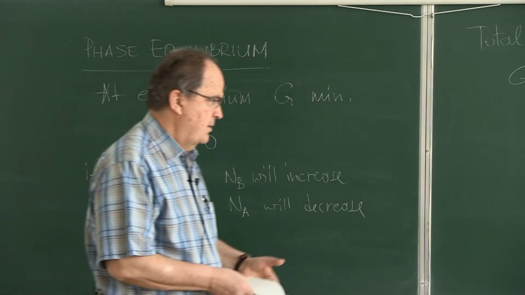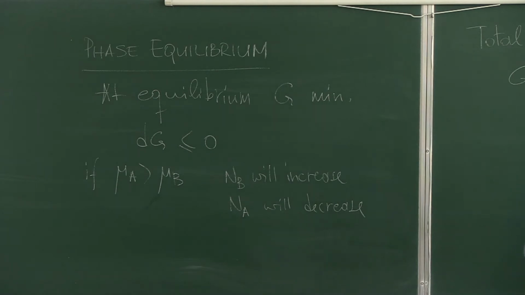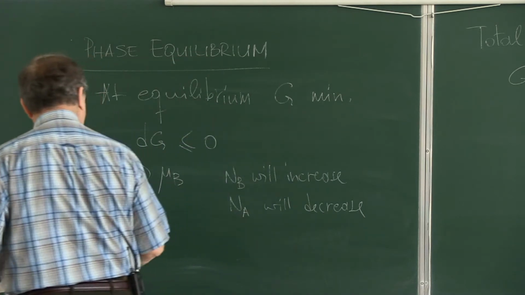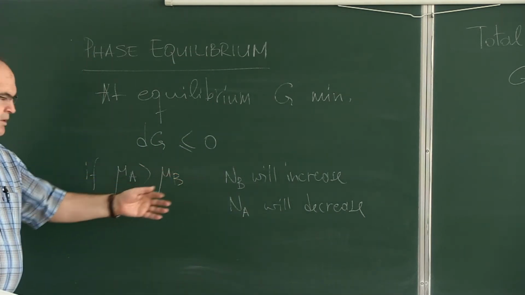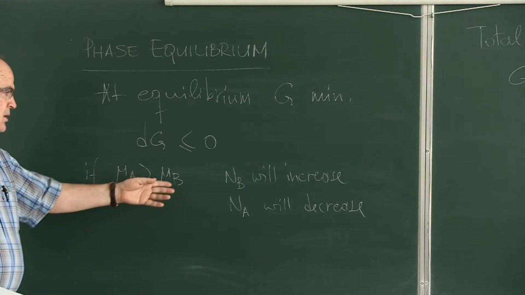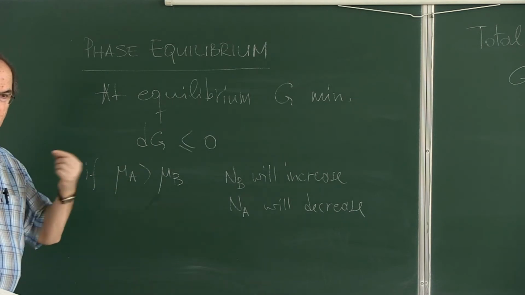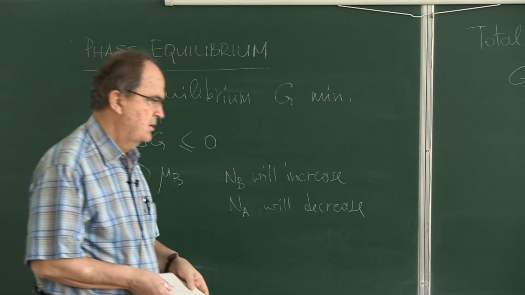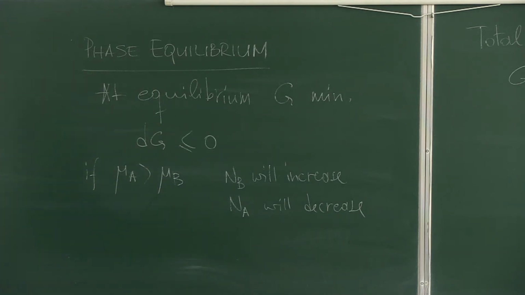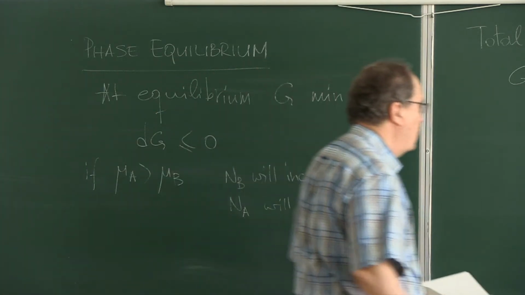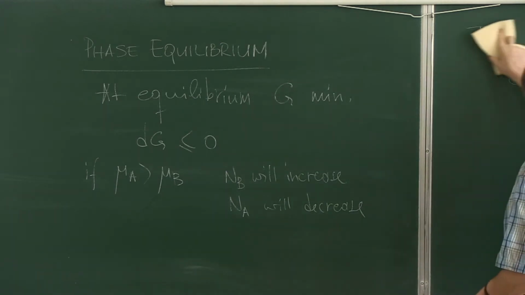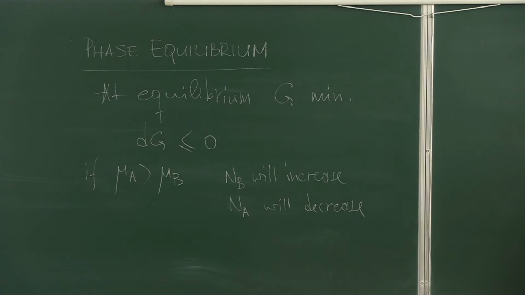Let's look at the opposite case. If mu B is bigger than mu A, then NB will decrease and NA will increase. The particle transfer will be in the other direction. Obvious. Now, let's consider the equilibrium case, where no more particle exchange will happen.